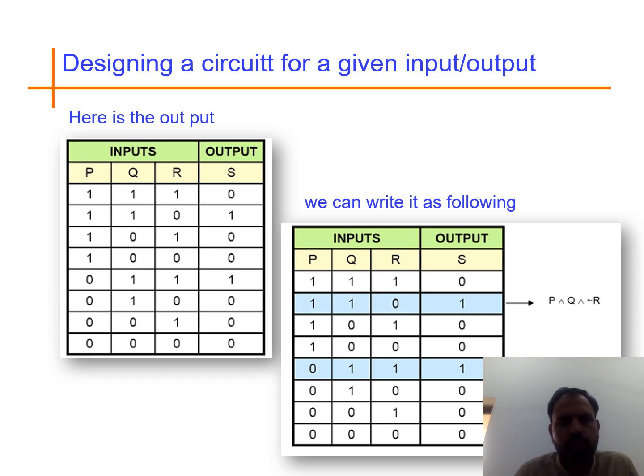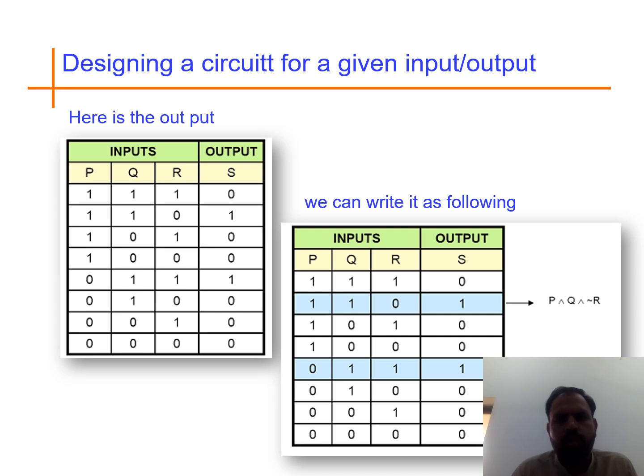Q is true false true true false false. Here we use for circuits 1 0 1 0. And for R, 1 0 1 0 1 0. S is the output, which we can write as follows. These are the inputs: P and Q and negation R.